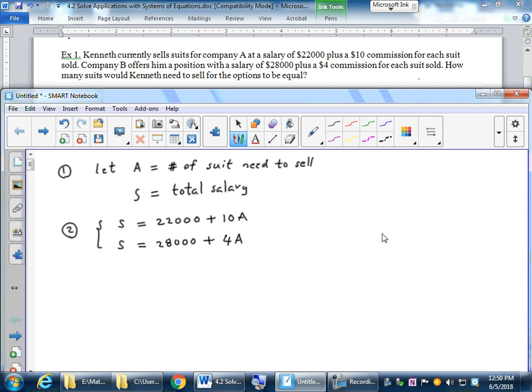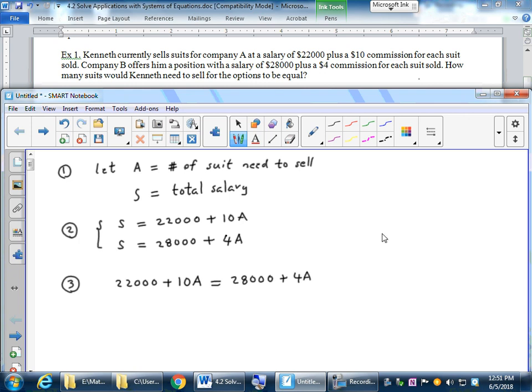So from here, we will solve this system by substitution because both of them have S isolated already. So I can say that 22,000 plus 10A must be equal to the salary at the other company, which is 28,000 plus 4A.